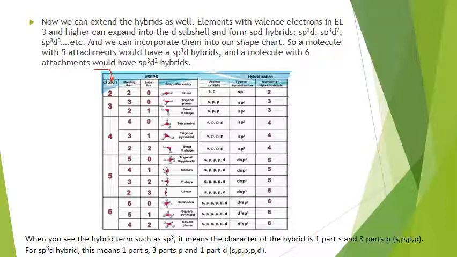So here's 2 attachments, here's 3 attachments, 4 attachments, 5 attachments, and 6 attachments. So in the first case, if you just have a molecule with a center atom that has two attachments, and we're just going to assume they're two bonds, that means there's no lone pairs. The hybrid is going to be sp.